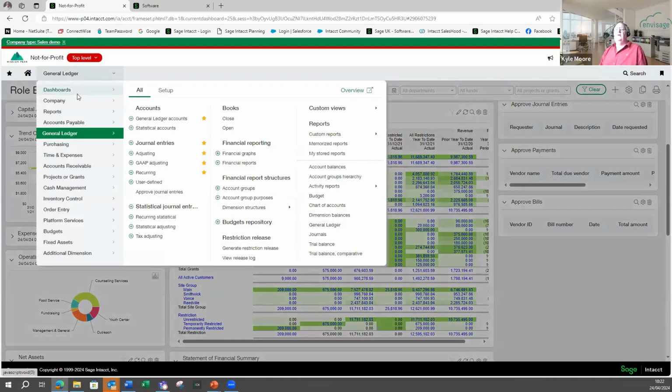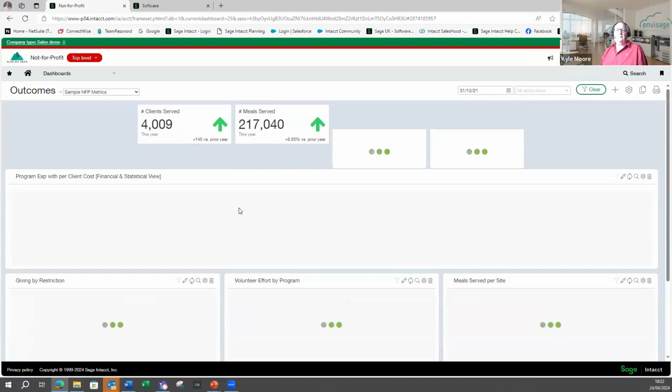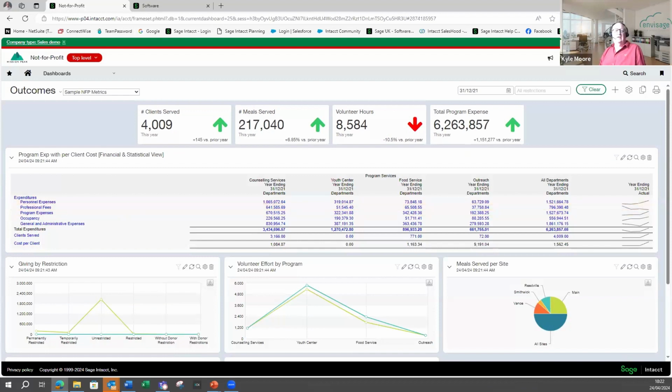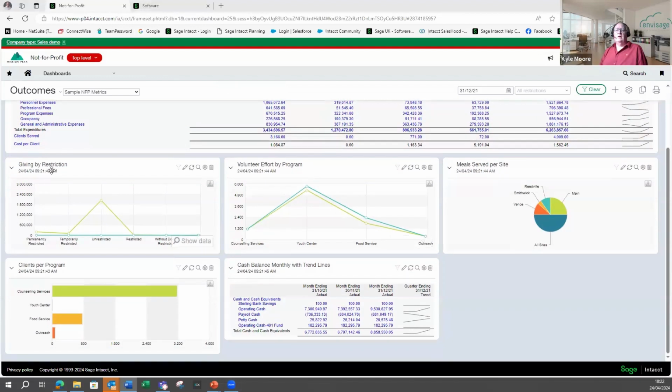Well, for instance, if we were to go to our dashboards again and look at our non-profit dashboards or look at our sample metrics dashboards, we can see that the performance cards and the reports change, and they change because we're wanting to look at this in particular for the like of my metrics here, how many people we served, what meals were served, how many volunteer hours and expenses we have, what is our cost per program that we're looking for, you know, what is our giving by restrictions, and thankfully our unrestricted givings is up, so that helps us when we're talking about our fundraising efficiencies.